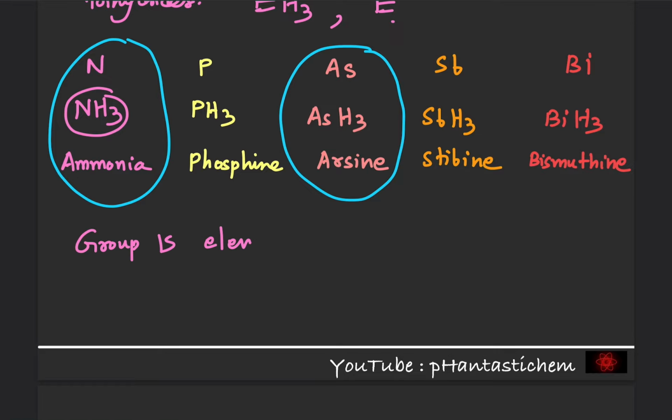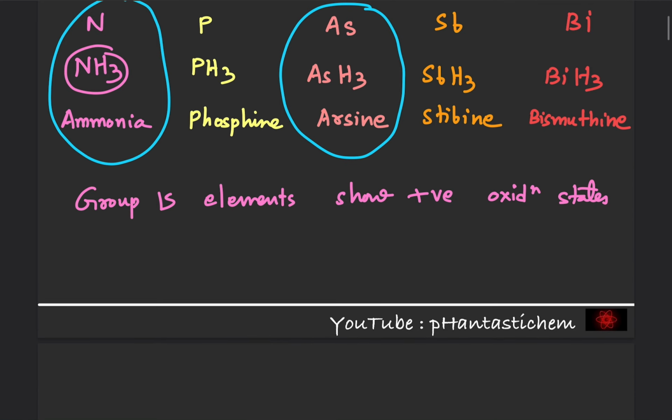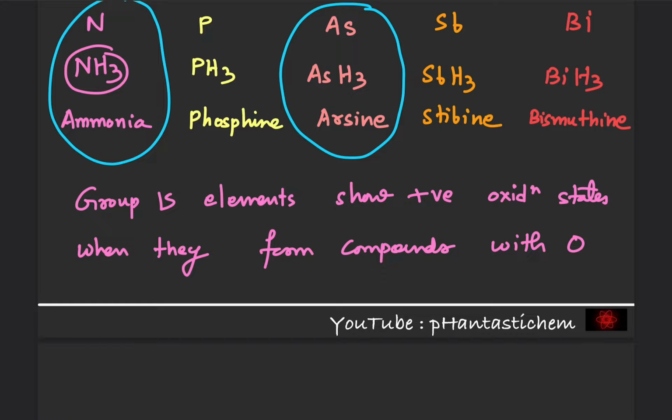Group 15 elements show positive oxidation states when they form compounds with oxygen, because oxygen is more electronegative, so oxygen, in the form of oxides, will get the -2 oxidation state, and hence group 15 have to show positive oxidation states.